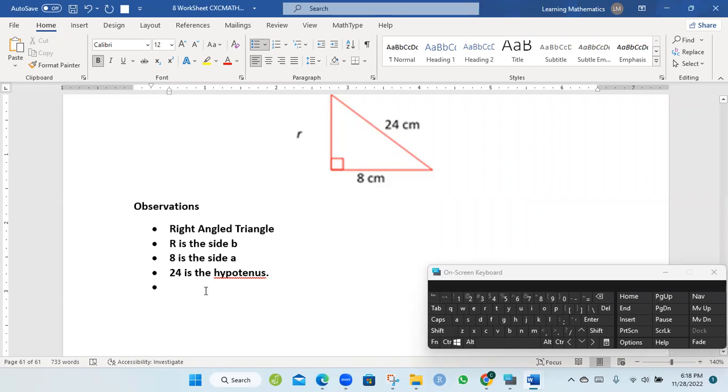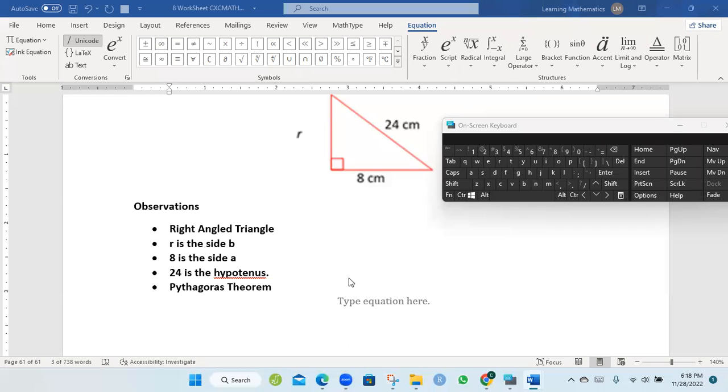So therefore, we must use the Pythagoras theorem to solve for small r. And by now we should know the formula is C squared is equal to A squared plus B squared.